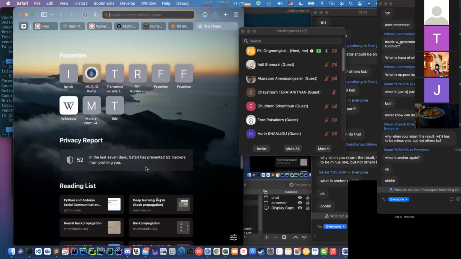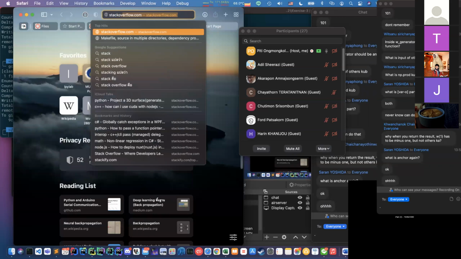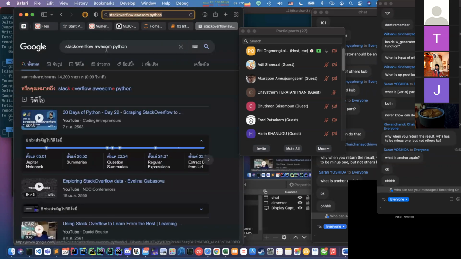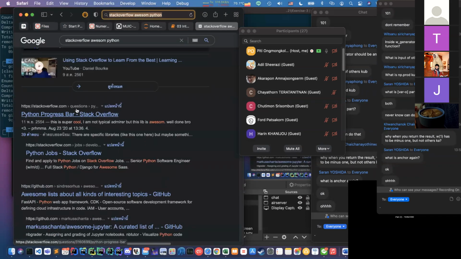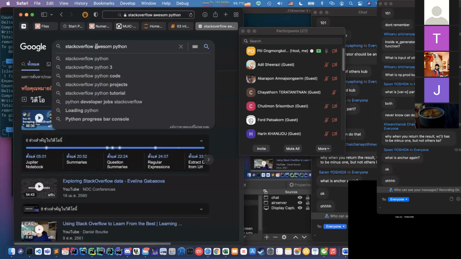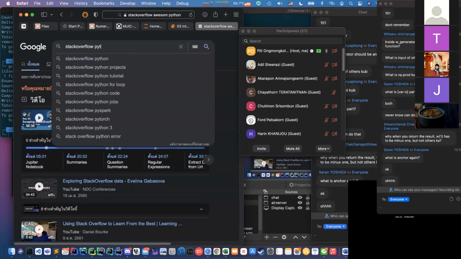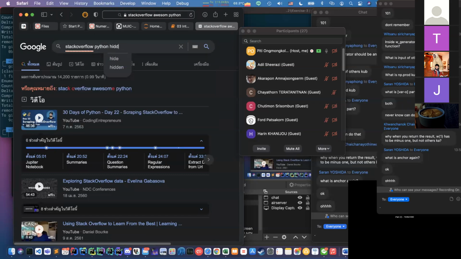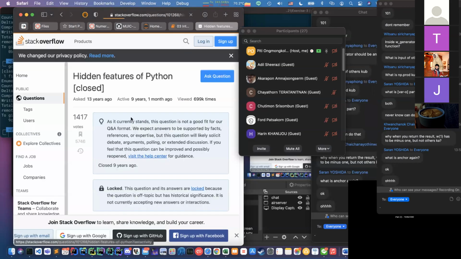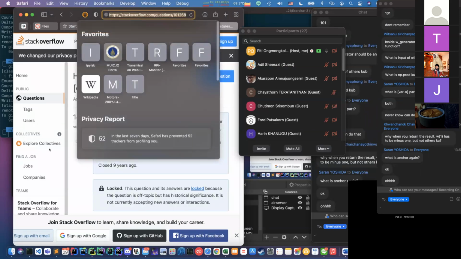Which reminds me, there is that old Stack Overflow thread on Python, I think. There's a topic called hidden features of Python. Yeah, this is something you should read this evening.